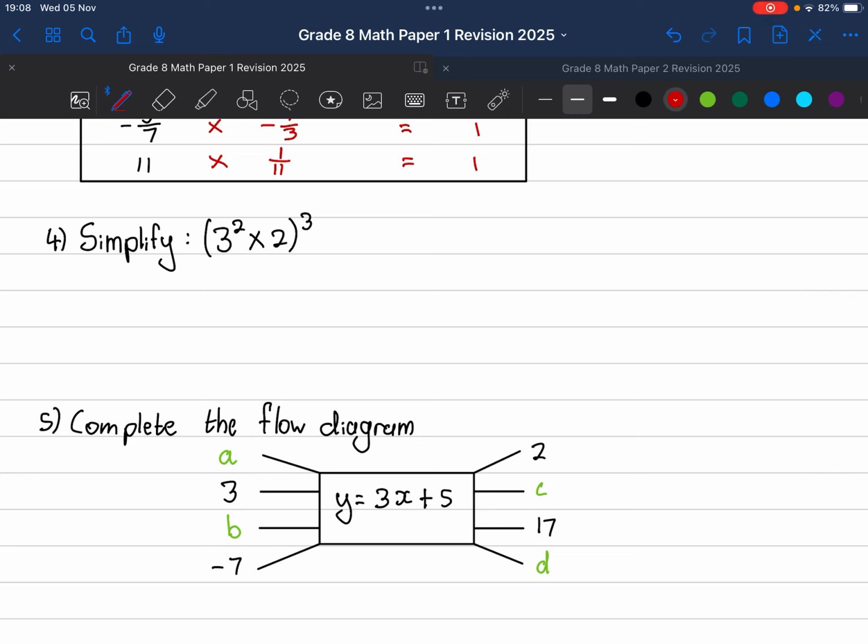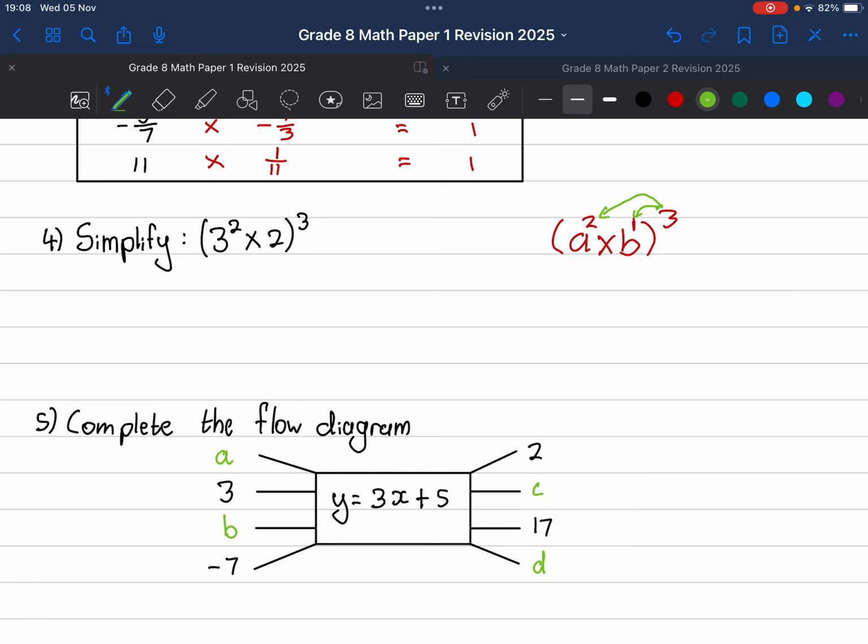The first one is the fact that if you have two numbers inside a bracket and they're raised to a certain power, and these two numbers should have a specific power, okay? The power outside the bracket would get distributed to both those numbers.